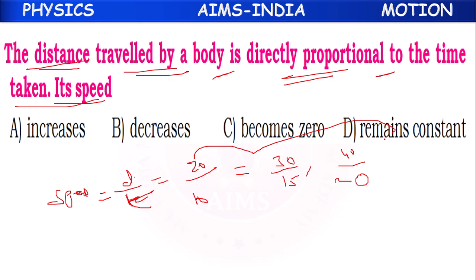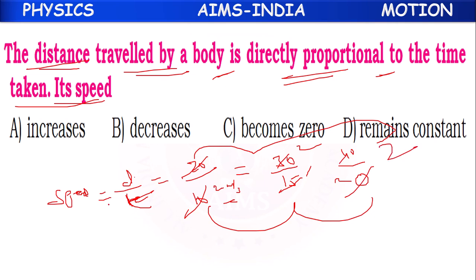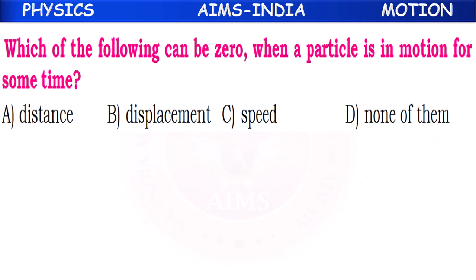Means the distance is increasing by 10, time is increasing by 5. Both are directly proportional. Then 20 by 10, speed is 2 meter per second. 30 by 15, 2 meter per second. 40 by 20, 2 meter per second. Speed is constant. If distance and time are directly proportional to each other, then speed will be constant.